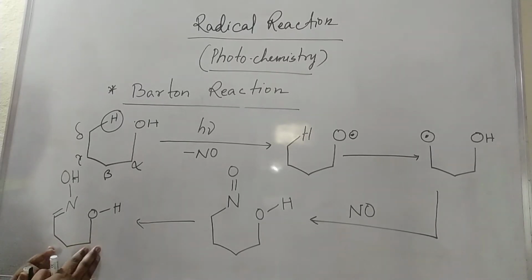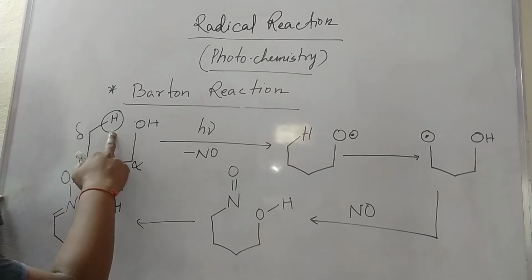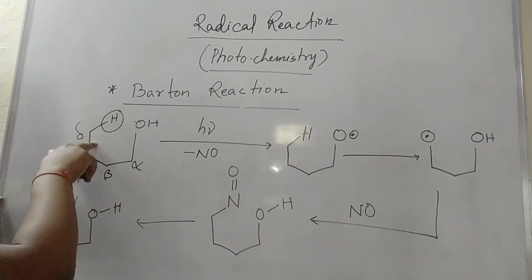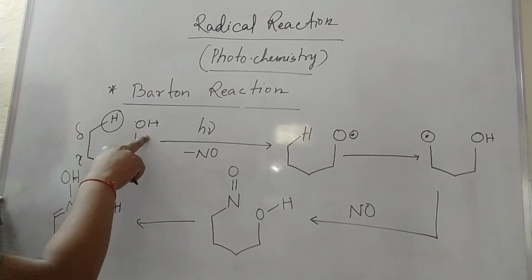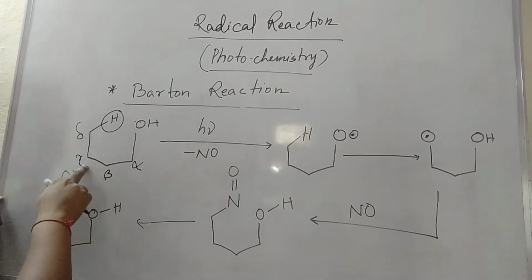So what will happen here? The main thing is delta hydrogen abstraction and addition of another group at the delta position, by the adjacent OH group with respect to the OH: delta hydrogen, alpha, beta, gamma, delta.